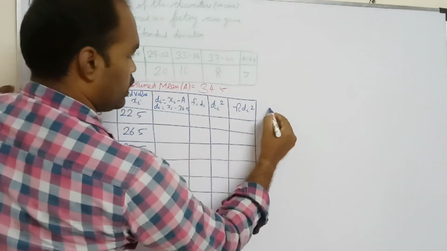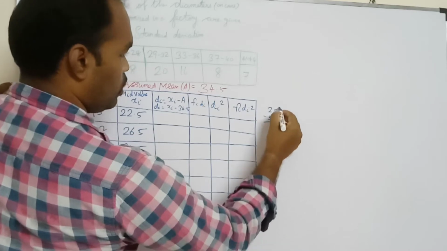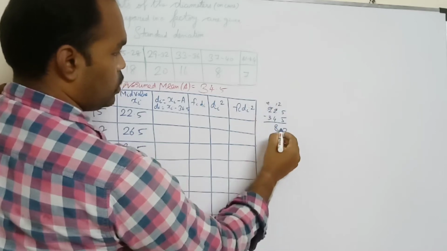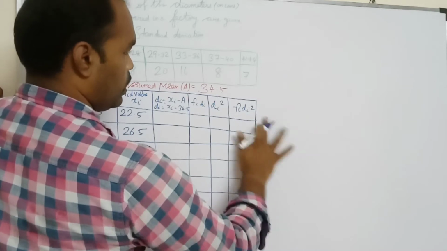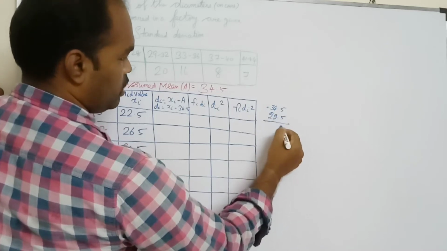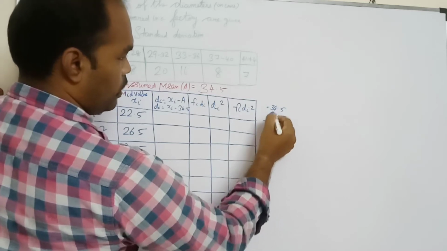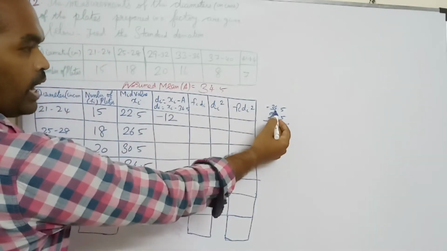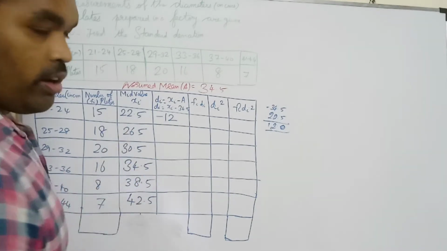Now we can do the calculation. 22.5 minus 34.5 is minus 12, because the highest value's sign is minus. The next one is 26.5.